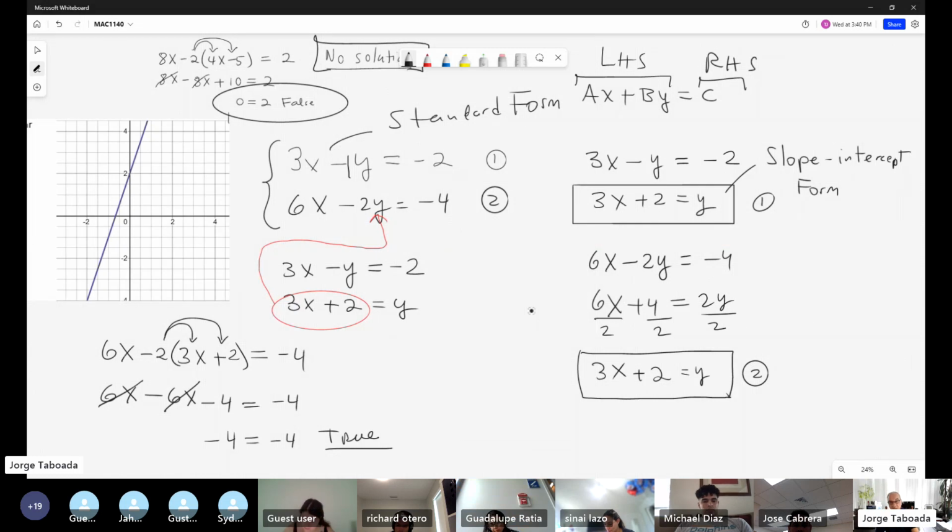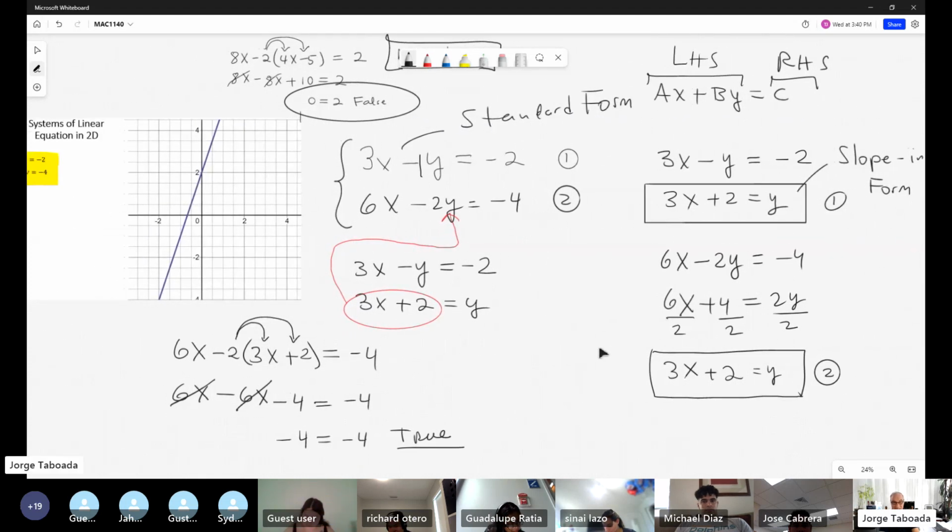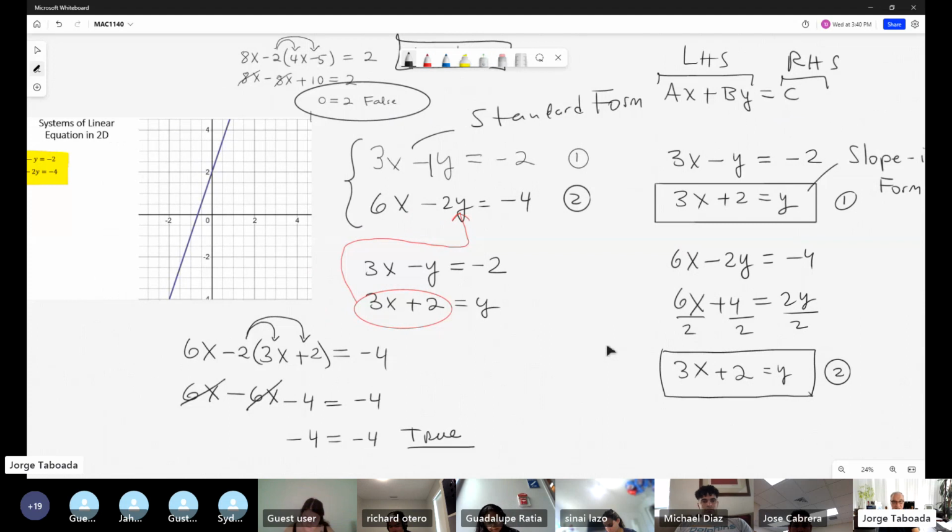It's the same line. This system can have that characteristic because the equations are dependent. Don't worry too much about the name, because afterwards I want to summarize the idea. Dependent. Why dependent? There are equations that are dependent and there are equations that are independent.